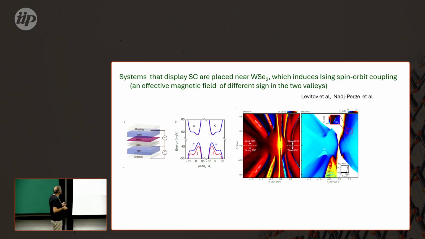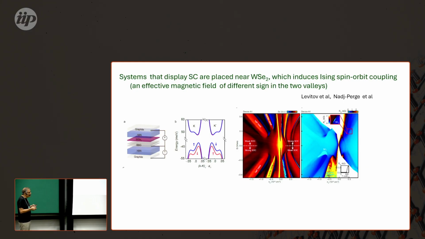So apparently the result is negative, but there is some hint from experiments. And the hint from experiments is that real superconductivity, with higher Tc, is only obtained when BBG or RTG is placed near tungsten diselenide, and this, by all accounts, induces Ising spin-orbit coupling.